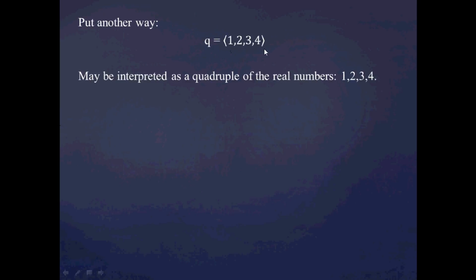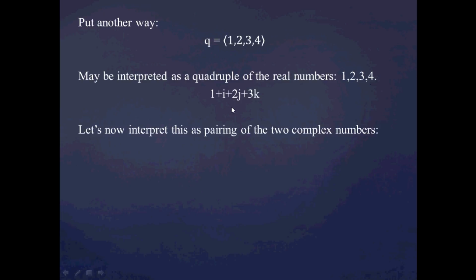Let's suppose we have some quaternion Q, which is (1, 2, 3, 4). What we have been doing is interpreting this as a quadruple of the real numbers 1, 2, 3, 4 in that order, or 1 plus 2i plus 3j plus 4k. What we're now going to do is consolidate some of these pairs.